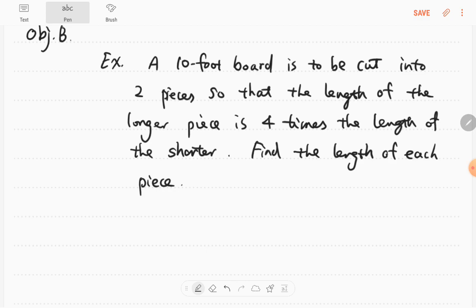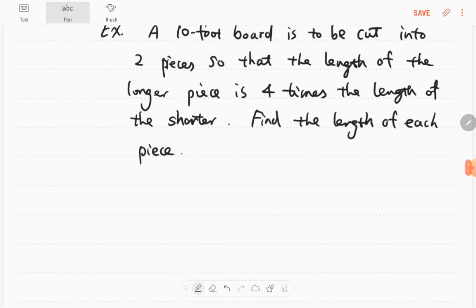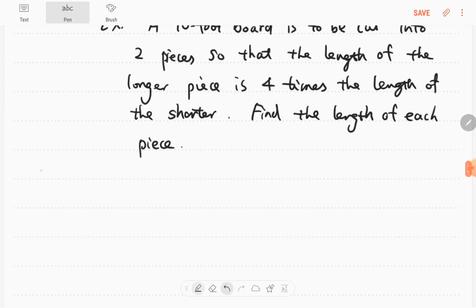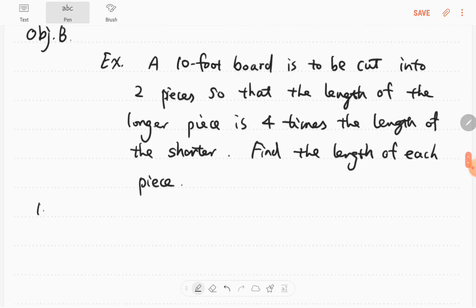So first step, we still need to read our question multiple times. So a total 10-foot board cut into two pieces. But the longer one is 4 times the length of the shorter one.